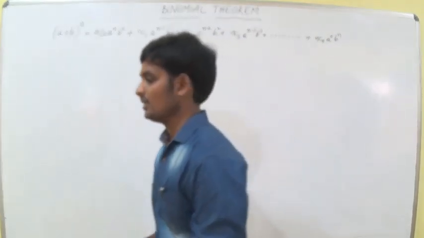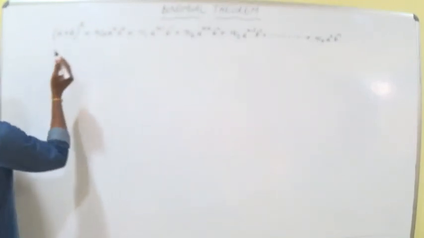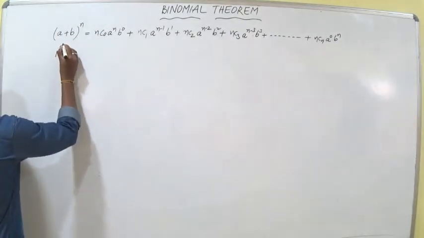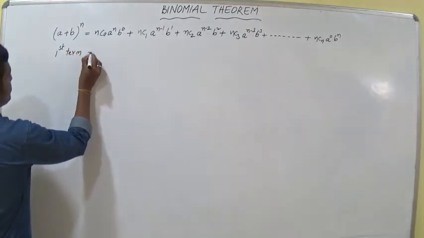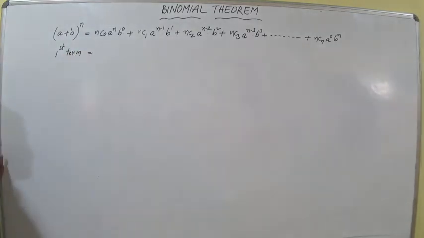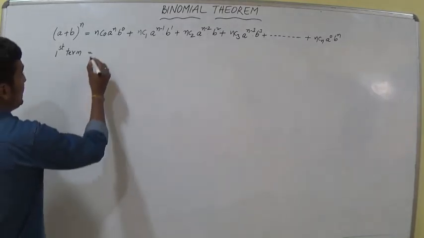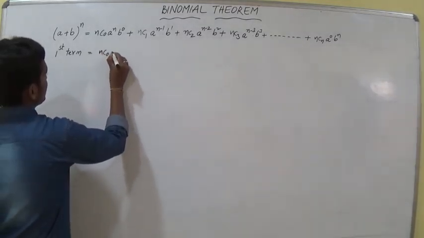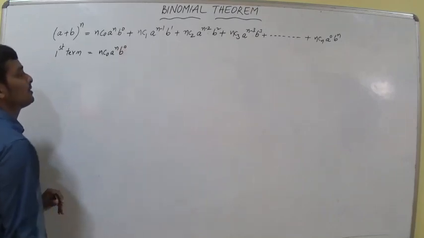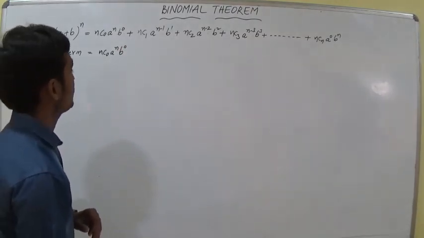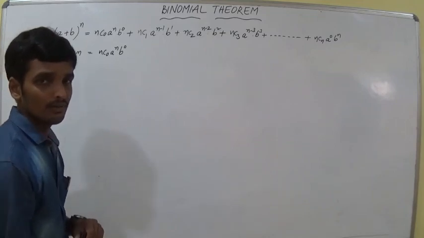First, if you observe the first term in the binomial expansion, it is nC0 a power n b power 0. Sometimes we do not write b power 0, but this time we are writing it.